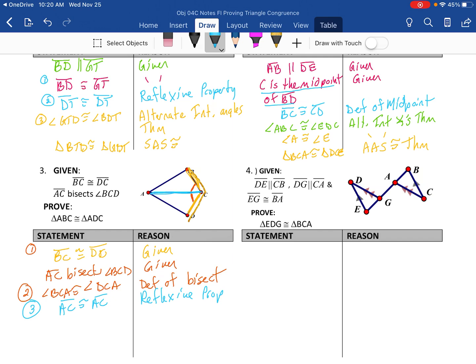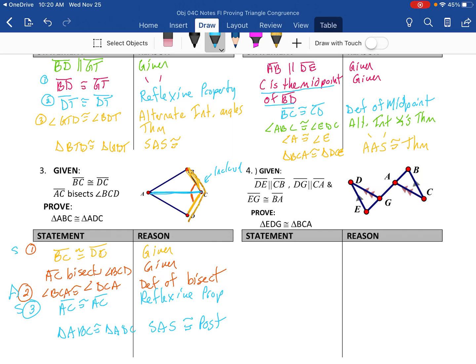It is two sides and an angle. So I have a side here, an angle here, and a side here. This angle is included, so I know for sure triangle ABC is congruent to triangle ADC by the side, angle, side congruence postulate, if you will.